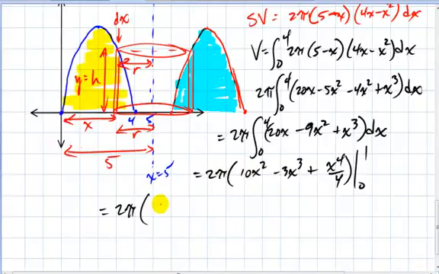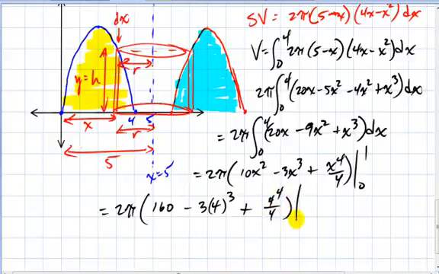So what do we get here? We get 2 pi times, and you just have to substitute in 4 here. 16 times 10, 160, minus 3 times 4 cubed, plus 4 to the 4, excuse me, divided by 4. That's what you get when you evaluate it, minus 0.